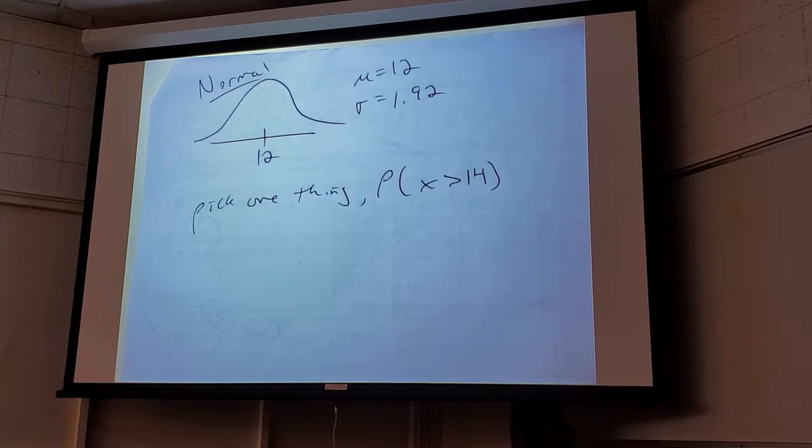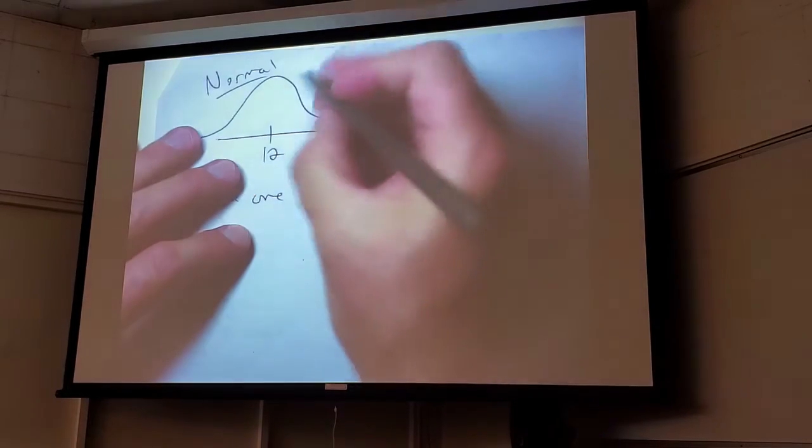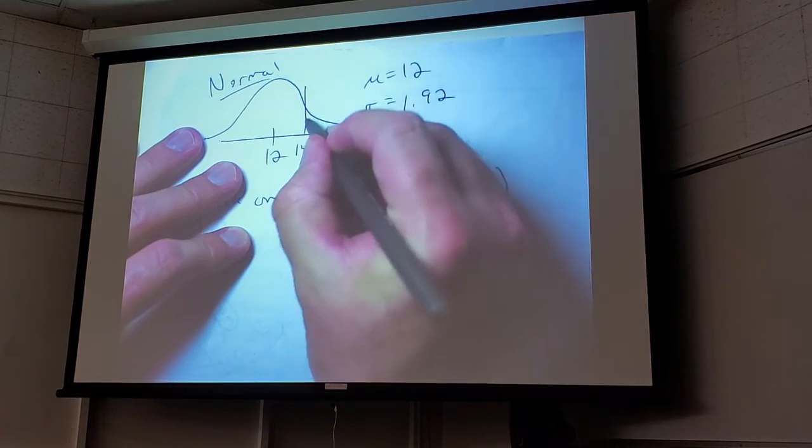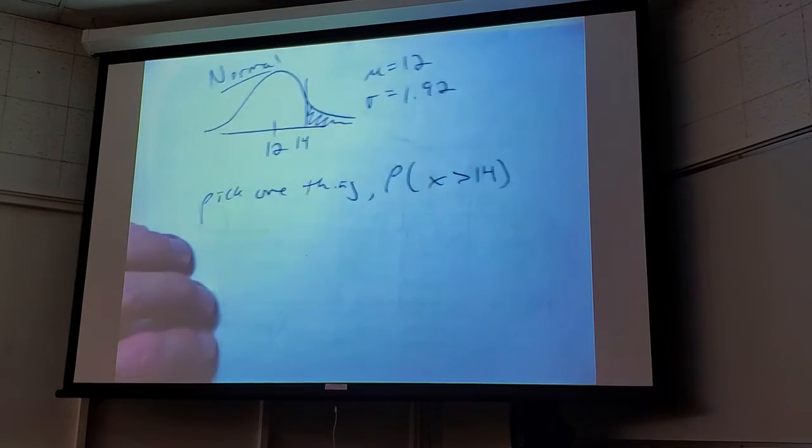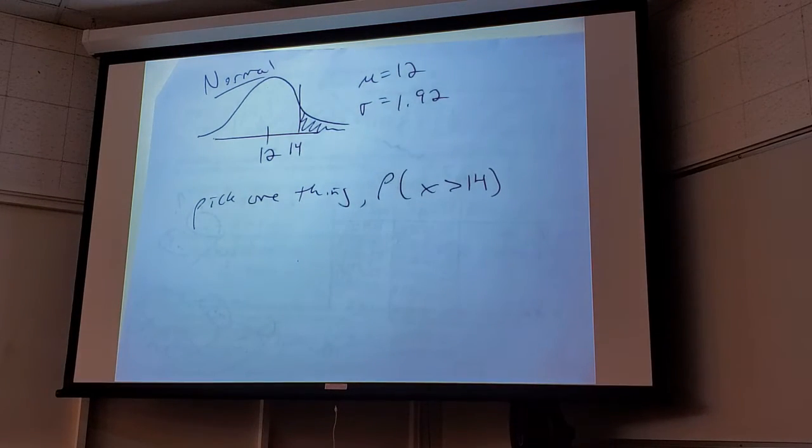This is not a geometric shape that we talk about, right? This is an anthill, an old wig, I don't know what this is. So here's 14. I want the probability that it's more than 14. The whole idea is, if I know it's normal, we have the empirical rule first.